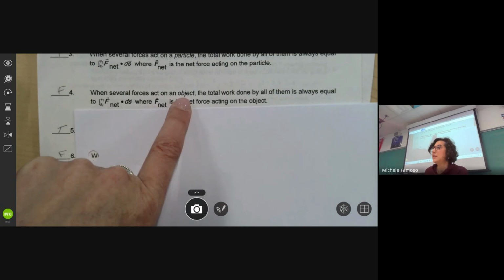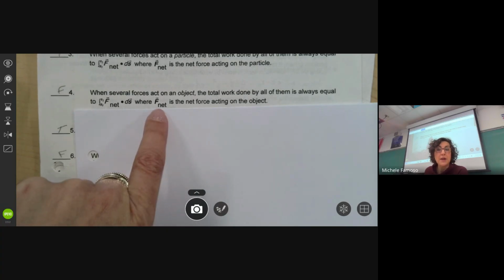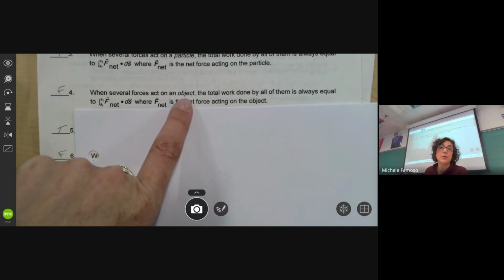Has to do with the fact that it's an object. Matt? It can be like internally rotating. So why can't you use F net? Because that wouldn't be a particle. Yeah, this would only be true if it were a particle.